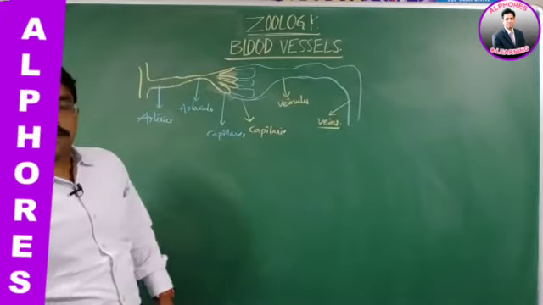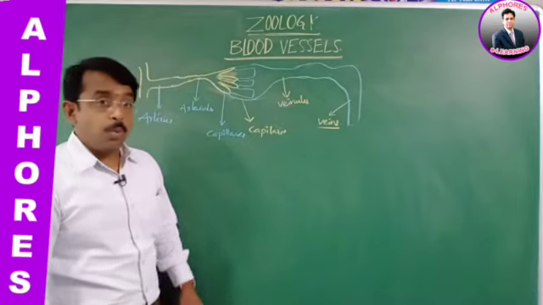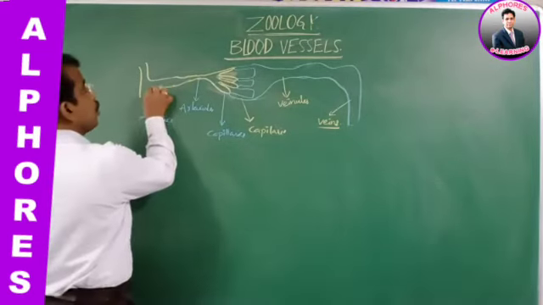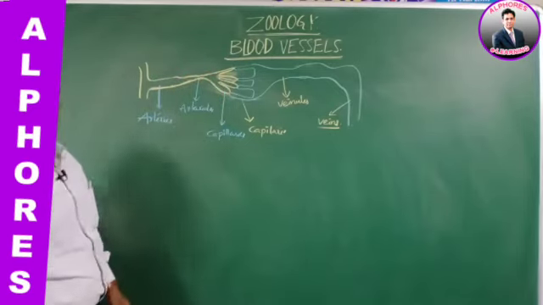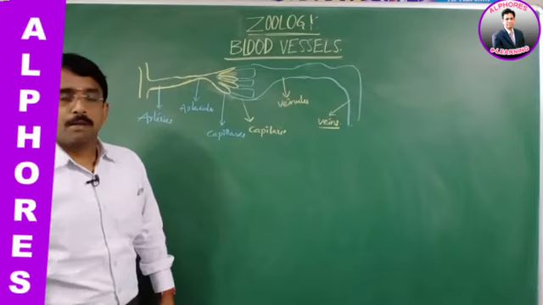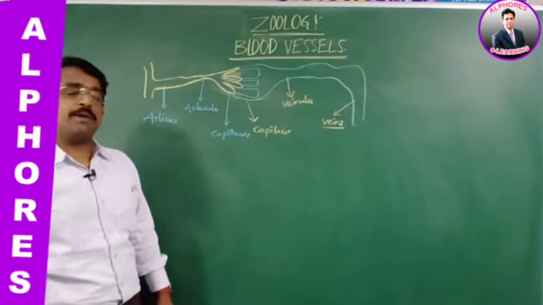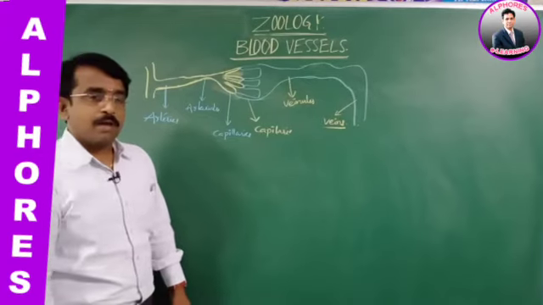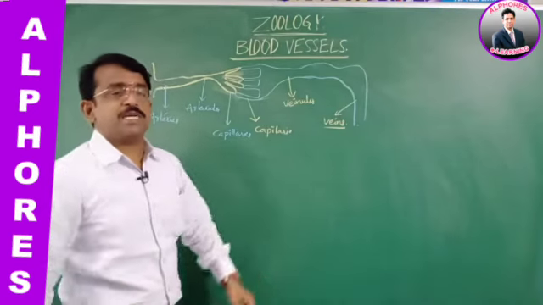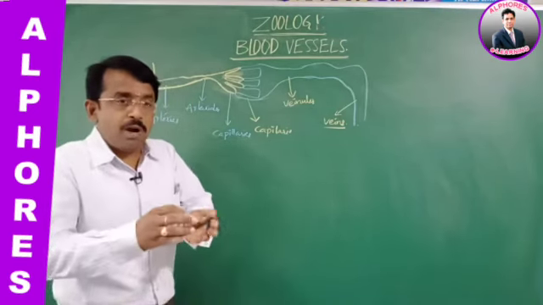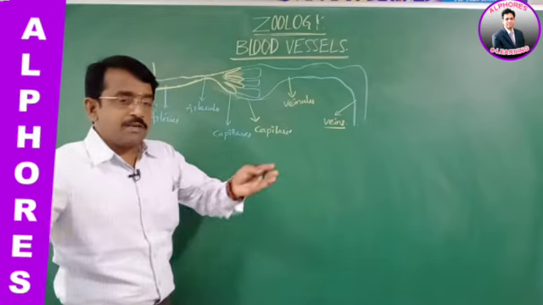So this is the closed type of circulatory system, with which we are already familiar, where blood flows only through what are called the blood vessels. In the case of the open type of circulatory system, the heart is present with blood vessels, but the blood vessels open into the body cavities as sinuses, where blood comes out of the blood vessels and fills the different parts.